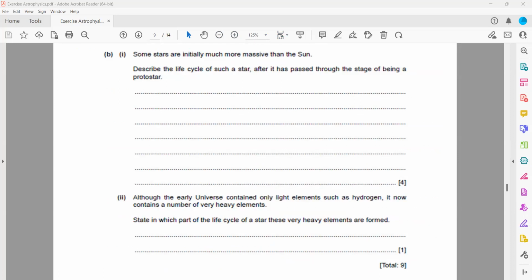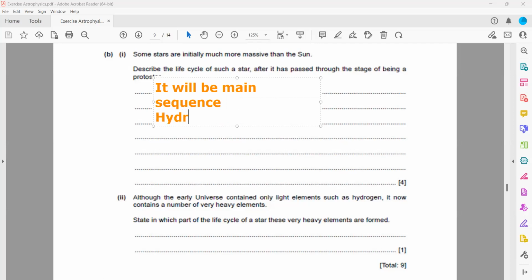When it is a main sequence star, it will undergo hydrogen fusion.